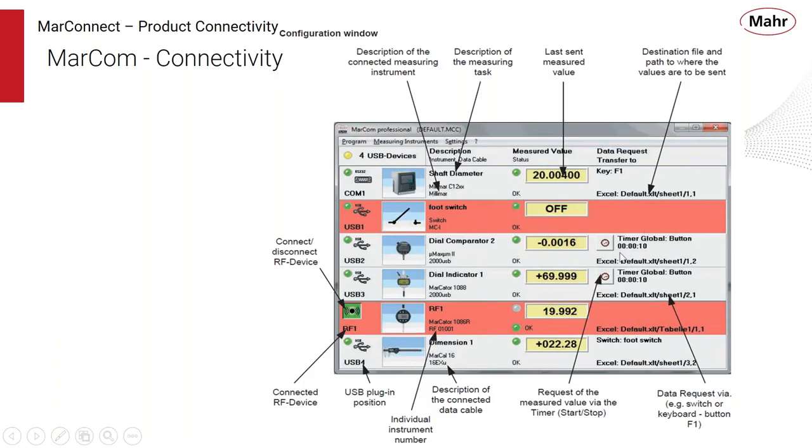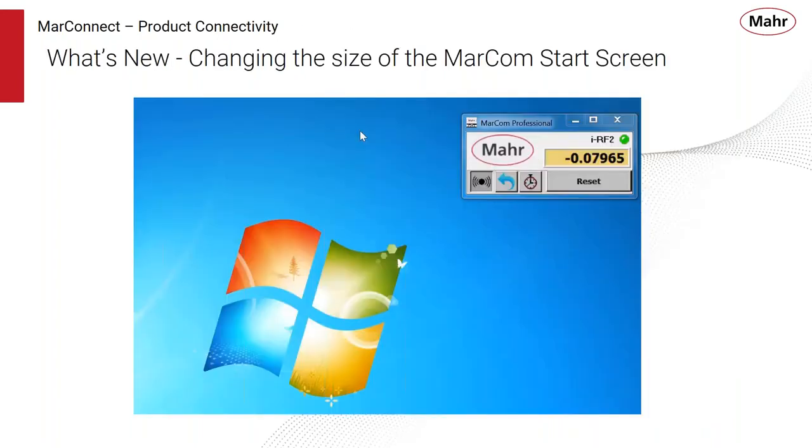And then this column over here talks a little bit about what's happening with the data. It shows where the data is going to, if there's any key to trigger the information, if there's a timer active for that product. All these things are standard setup features which are available in MarCom. I think quite easy to use.